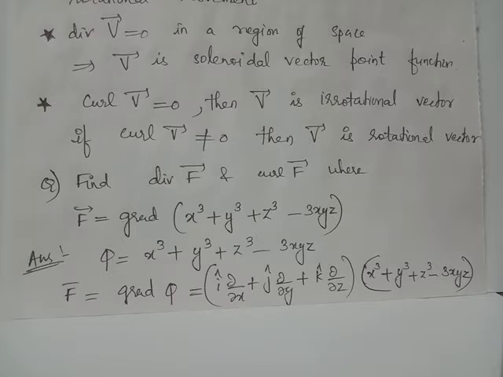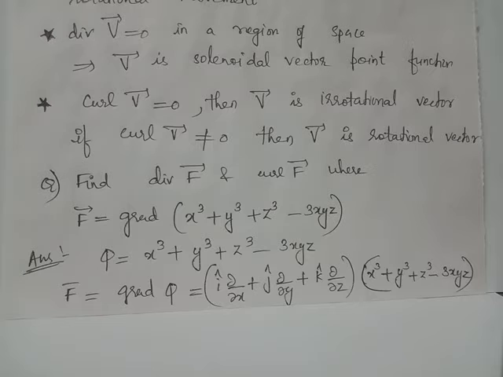Gradient of phi equals del phi, which equals i dou by dou x plus j dou by dou y plus k dou by dou z operated on the scalar function phi. That is, f bar equals i dou phi by dou x plus j dou phi by dou y plus k dou phi by dou z.